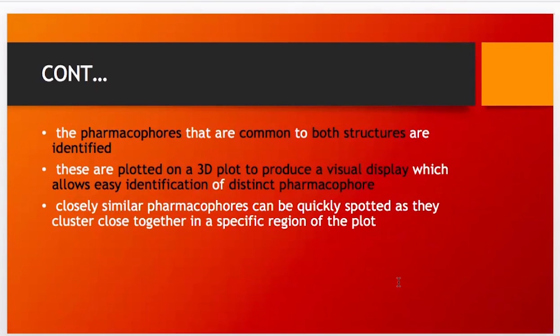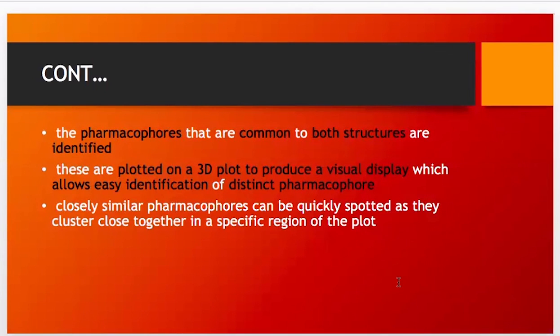Okay. Once you compare the pharmacophores, you now have to identify which of these pharmacophore triangles are similar. With the ones for dopamine, you compare them to the other compound that has similar activity, and identify the common pharmacophore found in both structures.